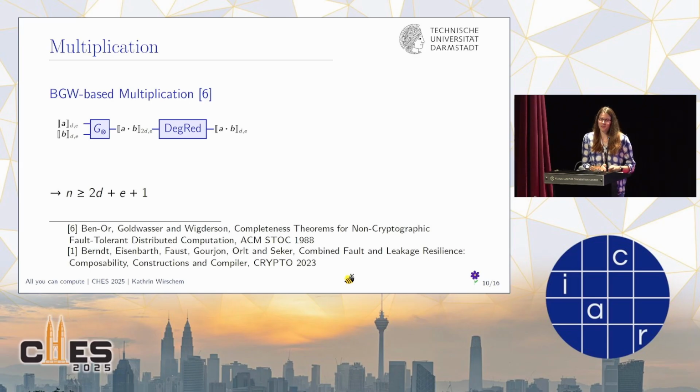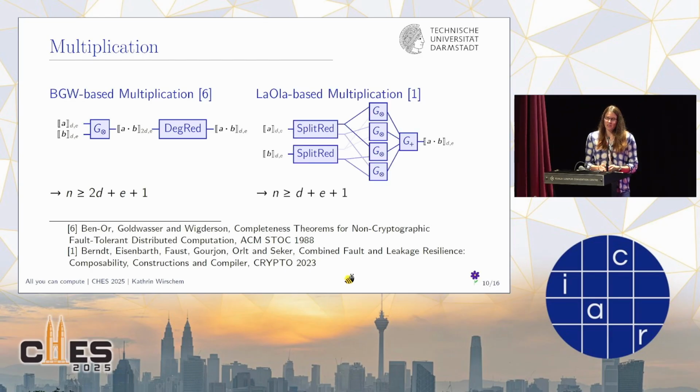Okay, let's look at the multiplication in a bit more detail. We propose two multiplication methods. One of them is called BGW-based multiplication, because we first do a sharewise multiplication, obtain a polynomial of degree 2D, and then do a degree reduction to obtain a polynomial of degree D again. Doing this, to not lose any information in the middle, we need to have at least 2D plus E plus 1 shares.